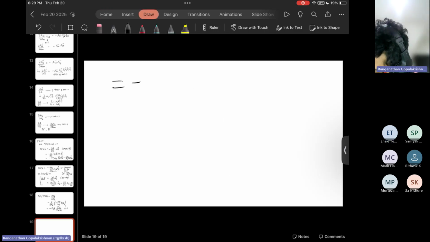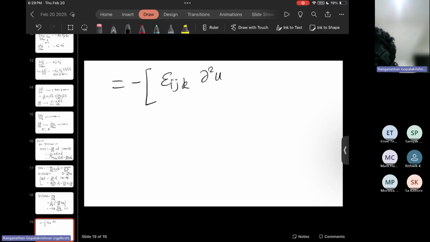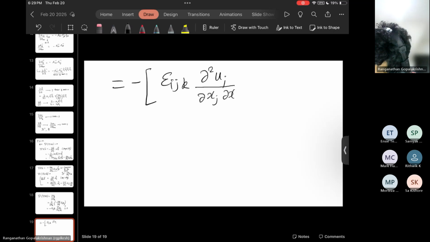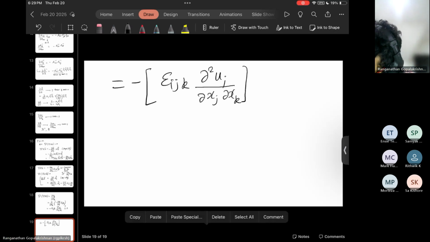So I'm going to write negative of epsilon ijk, second derivative of ui with respect to xj and xk. Okay, what I said makes sense, but how do we put it in writing? What do we do next?